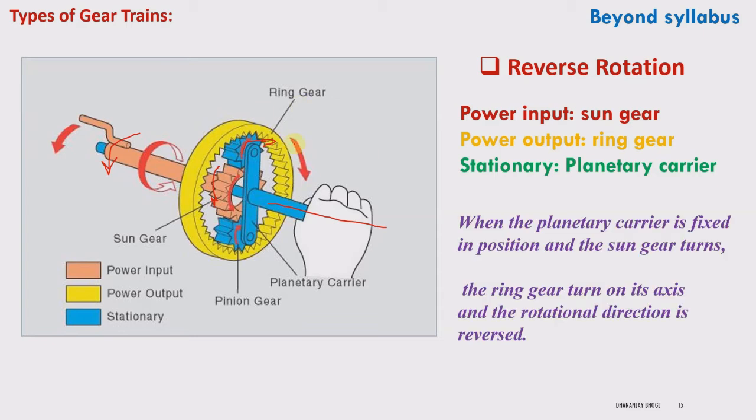That is, now the ring gear will rotate in clockwise sense. Now you can easily see here that the input gear, sun gear is rotating in counterclockwise sense and the ring gear is rotating in clockwise sense. Hence, case number 3 is to obtain reverse rotation at the output.